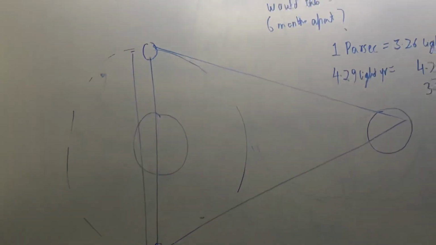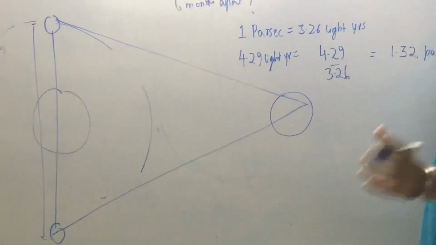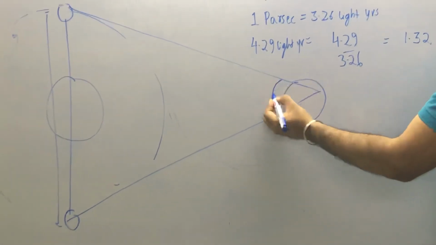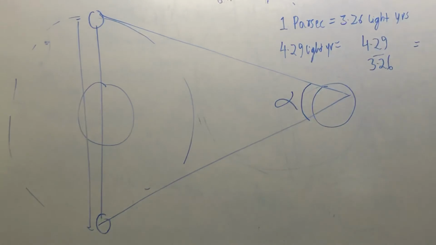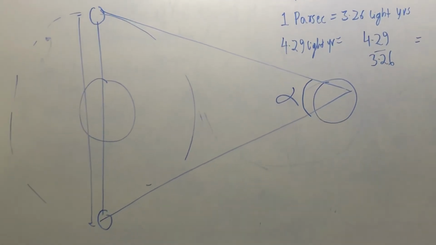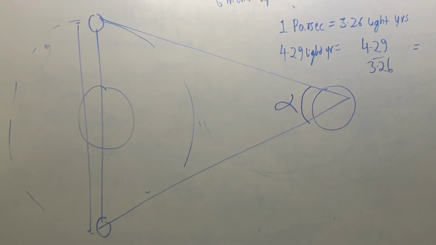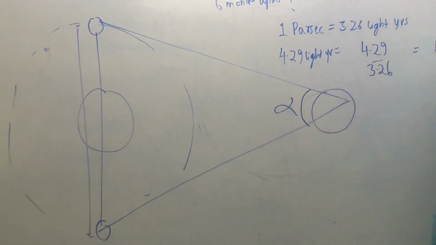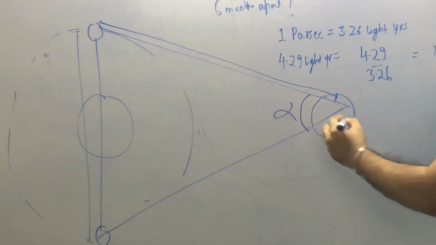Here it asks how much parallax this star would show. Parallax basically means the angle, so he is asking this angle. Now what all things are given to you in this question? They have given you the distance between the star and the Earth.